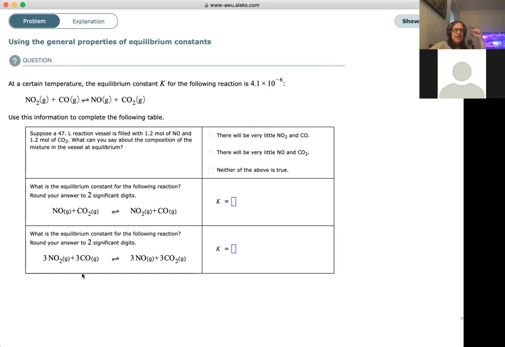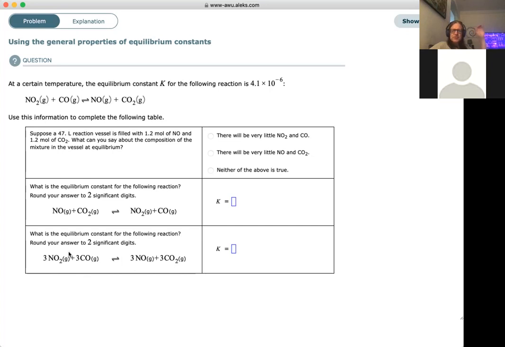Okay. Now, in the third part of this question, take a look at what happens here. NO2 and CO are reactants. That's the same thing we have over here. NO and CO2 are products. So they didn't reverse the equation here. It's still this equation here, but they put 3's as coefficients in front of everything.